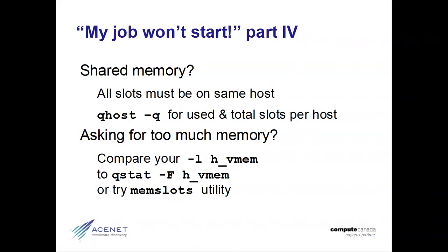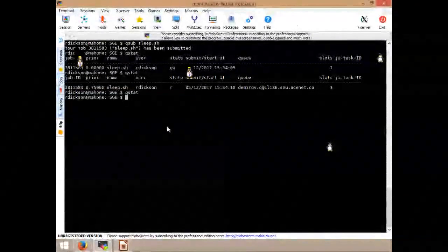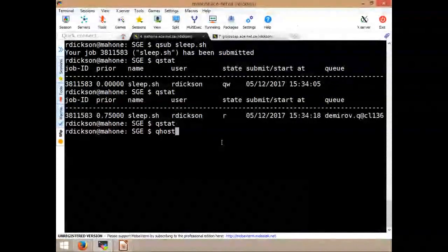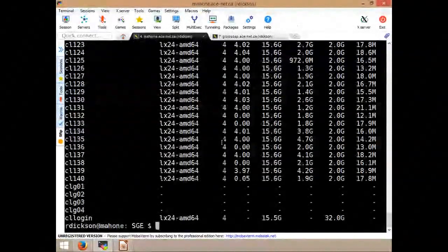QSum can't show you this. We couldn't fit all that sort of level of detail into QSum alone. If you are running shared memory jobs, and you're curious about why your job isn't scheduling, then maybe what you want is the command qhost, which actually tells you somewhat useful stuff about the nodes on a cluster anyway.